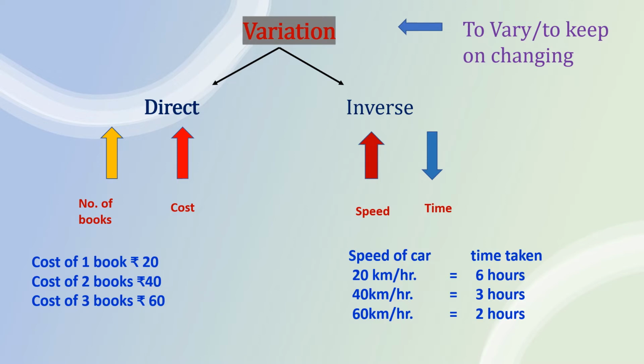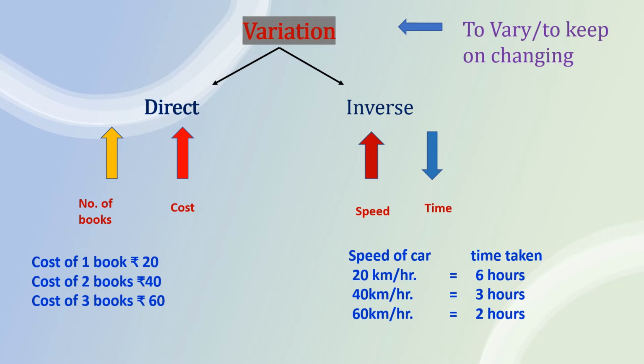I hope it is clear what is direct variation, what is inverse variation. Now, for inverse variation, I can give you one more example. If you take a house to build, if few people are there, they will take more days to build the house. If you increase the number of people, obviously they'll take fewer days to build the house.